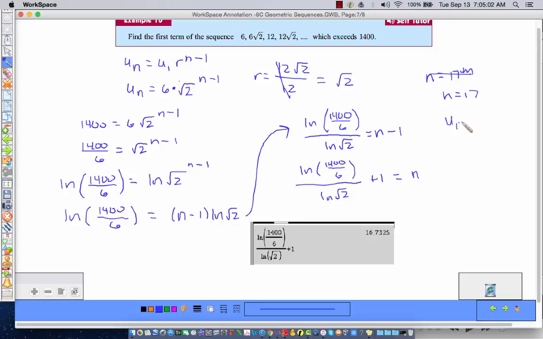And u sub 17, if you crank it into this formula, I won't bore you, it would be 6 times root 2 to the 17 minus 1, or root 2 to the 16th power times 6. And that turns out to be 1,536.